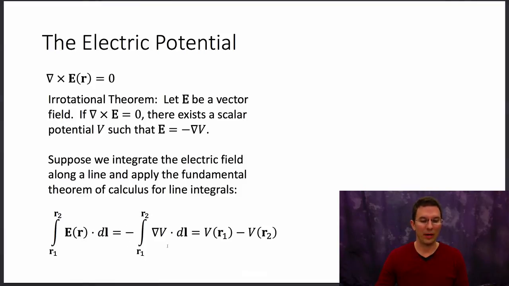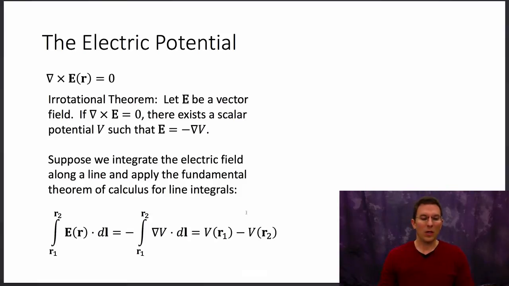potential. And if you remember, the fundamental theorem of calculus for line integrals, which I introduced in the differential vector calculus lecture, says that if you integrate the gradient of a scalar potential from R1 to R2, then what pops out is just that potential evaluated at the endpoints.